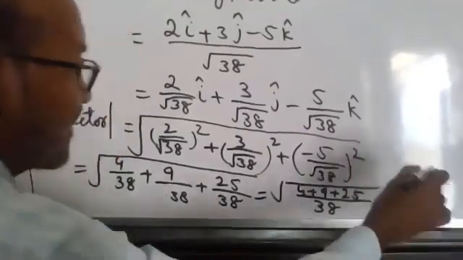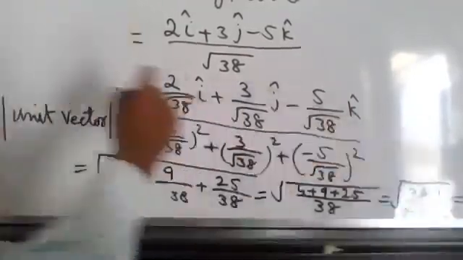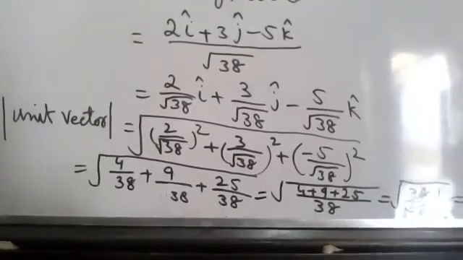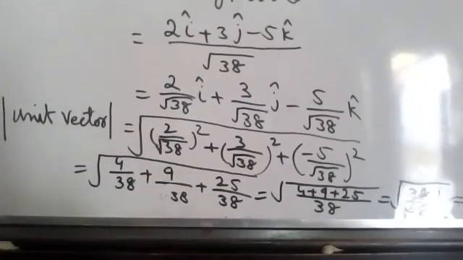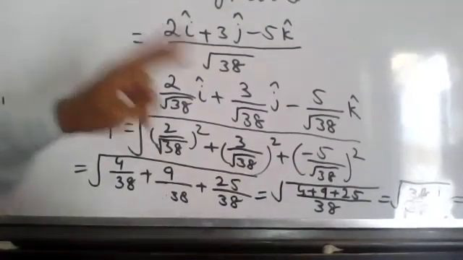The answer is 1. So the magnitude is 1, therefore this is the unit vector, whose magnitude must be equal to 1.